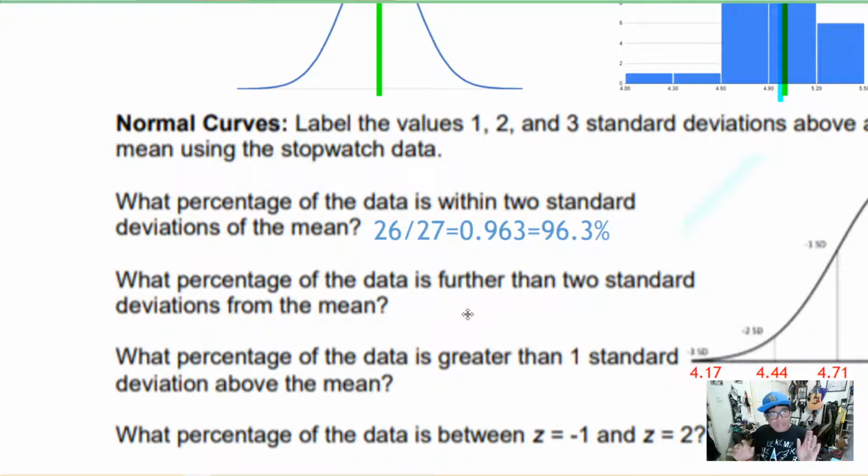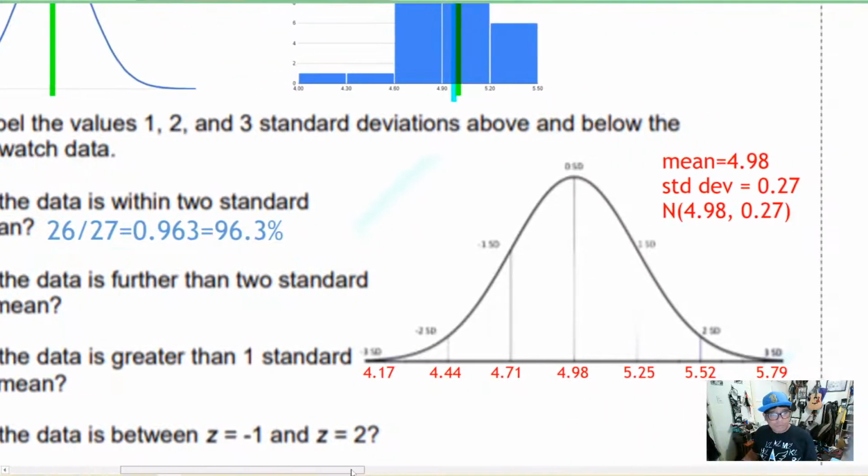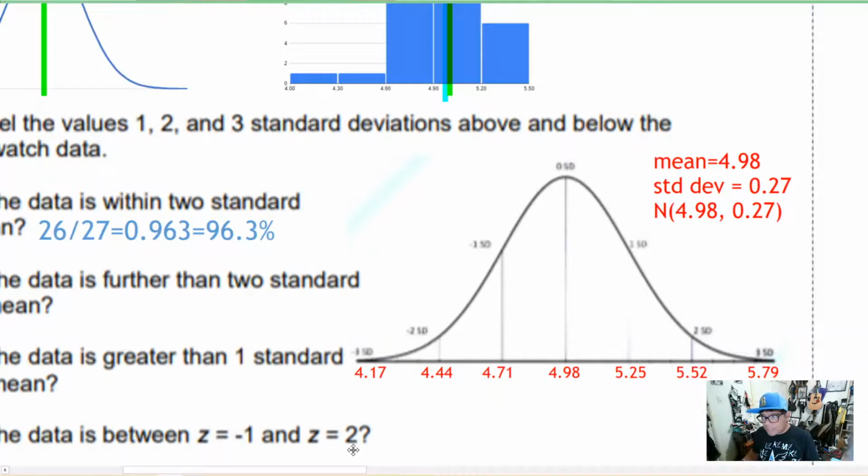So basically is not between 4.44 and 5.52. Actually, before we do that, let's take a look at what it means to be within 2 standard deviations. If you're within 2 standard deviations, that means your time falls into this yellow area right here. These are all the times that are within 2 standard deviations of the mean, either greater than -2 and less than +2.